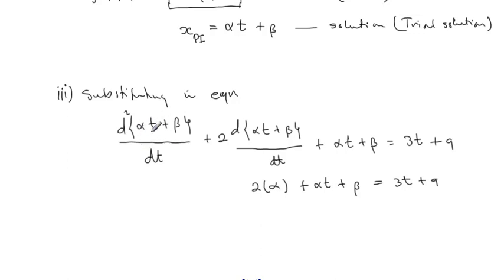Now, the second derivative means differentiating alpha, which is a constant, so that is plus 0. So what we're left with is alpha t plus 2 alpha plus beta equals 3t plus 9.